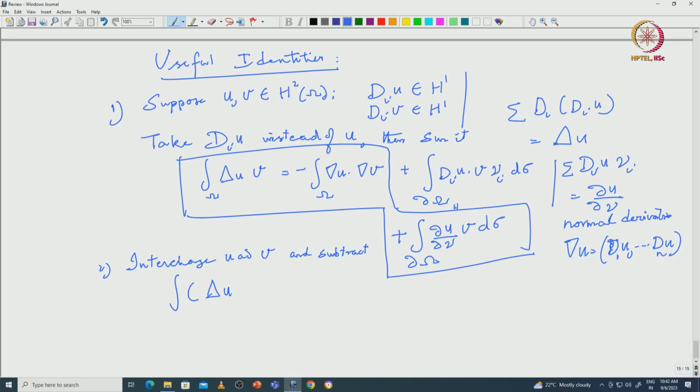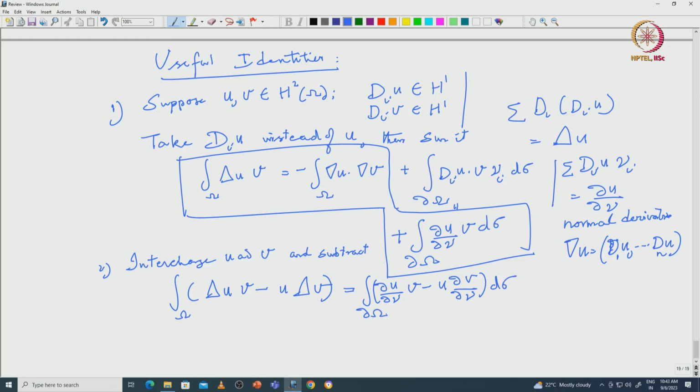In fact, this identity we have used even in the first course on partial differential equations: the integral of u Laplacian of v minus v Laplacian of u equals the integral of du by d nu v minus u dv by d nu. You see, the volume type integral is becoming a surface integral.